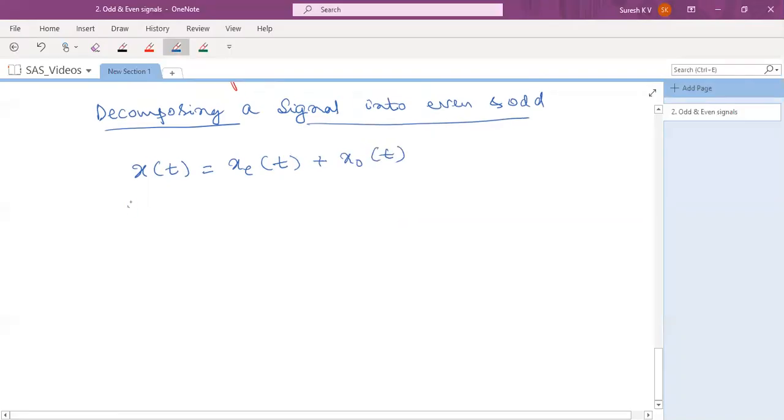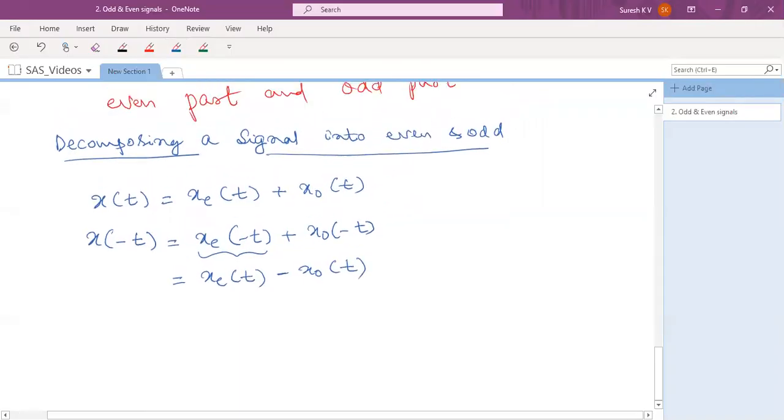So suppose if I just replace t by minus t, so this will be equal to, since for an even signal xe of minus t is xe of t and xo of minus t is minus xo of t.